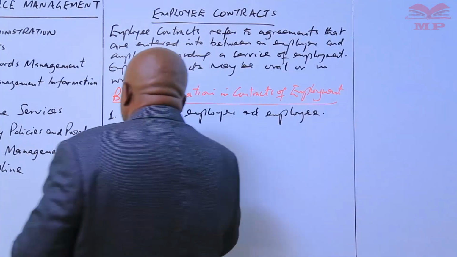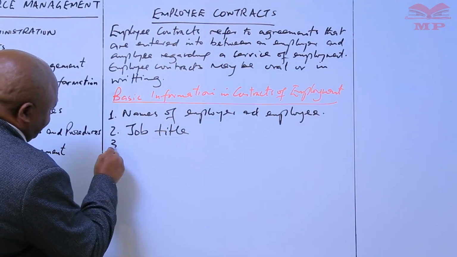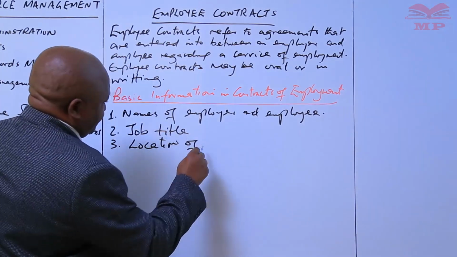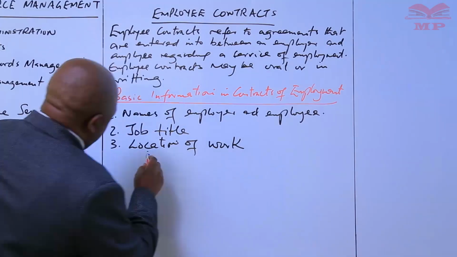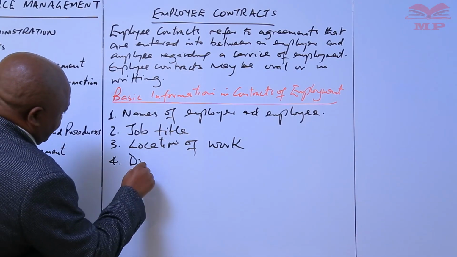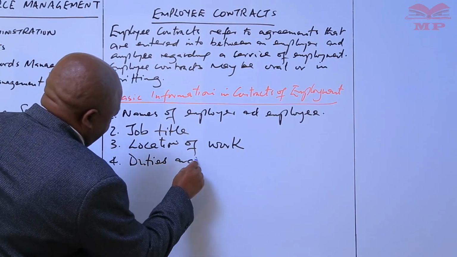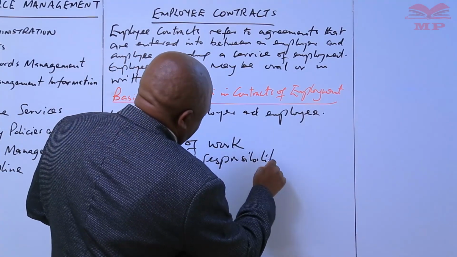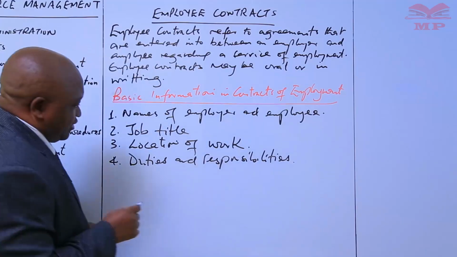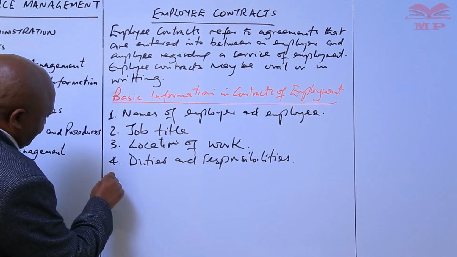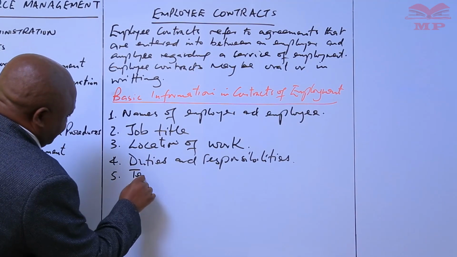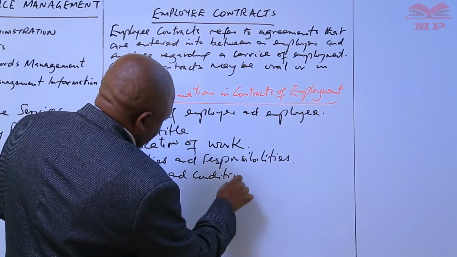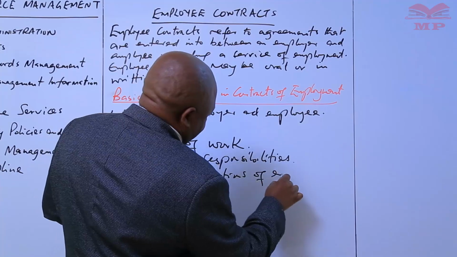Then duties and responsibilities. You may have location of work. Then you also have duties and responsibilities of that given employee. Then you may have terms and conditions of employment.